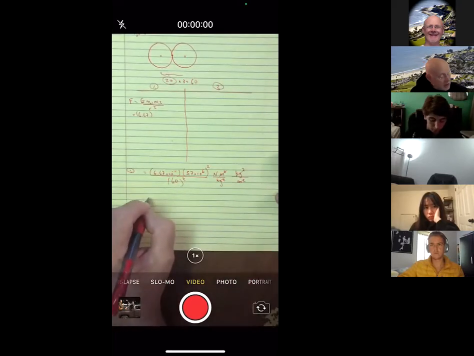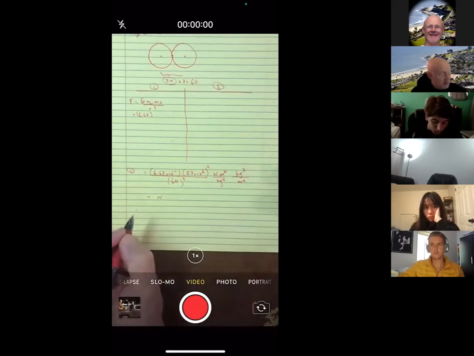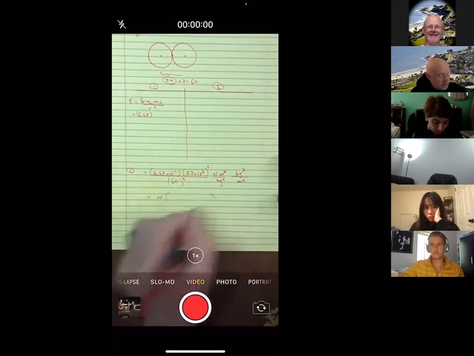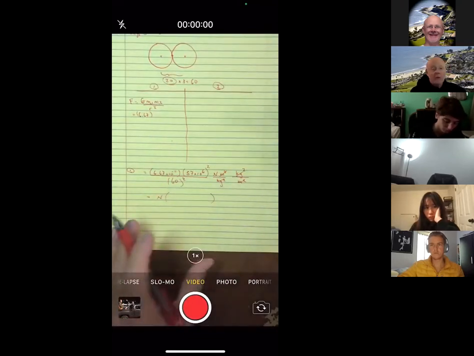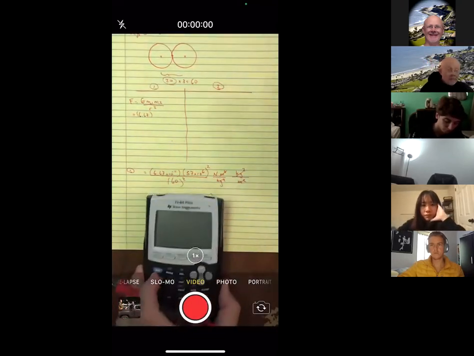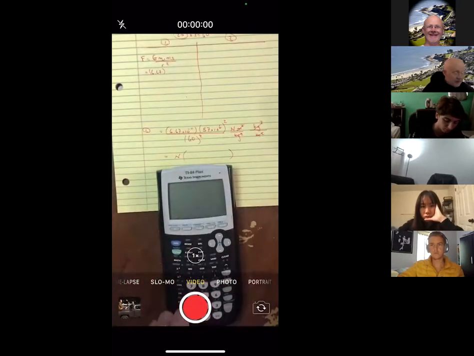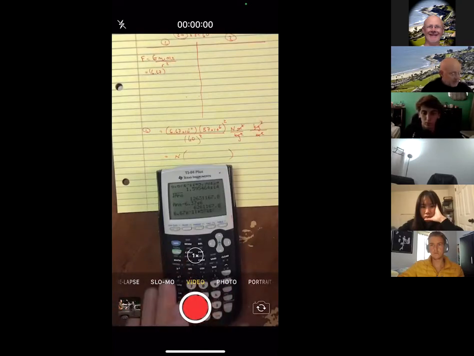And then, of course, I'm going to come out in units of newtons. And then I'll just do a number. Now, I'll put that number in here: 6.67 times 10 to the negative 11 times 57 million squared divided by 60 squared.